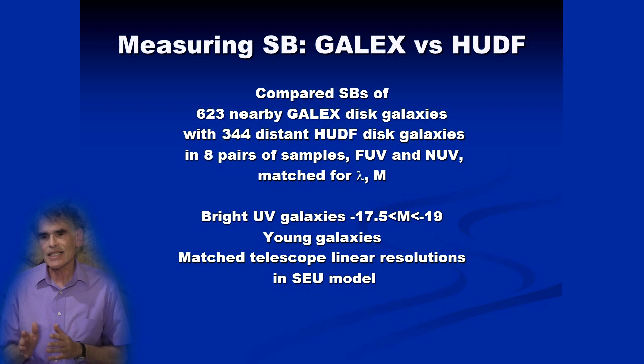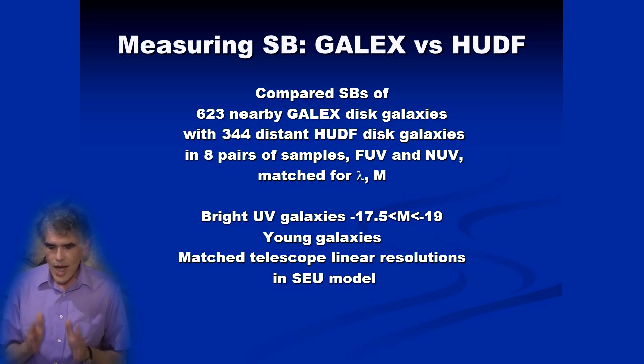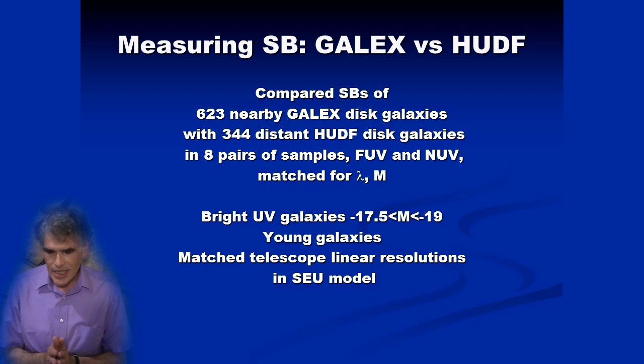So we had 8 samples at different distances in both the FUV and the NUV. What we were looking at was only the brightest galaxies in the UV, which of course are the largest galaxies. These are very young galaxies with young stellar populations.